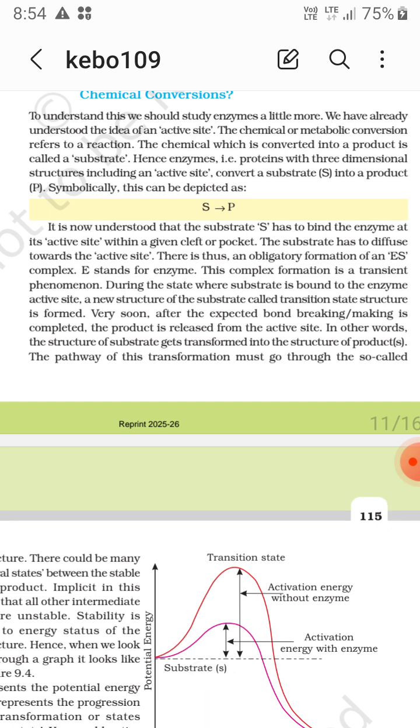During the state where the substrate is bound to the enzyme active site, a new structure of the substrate, called the transition state structure, is formed. Very soon after the expected bond breaking or making is completed, the product is released from the active site.